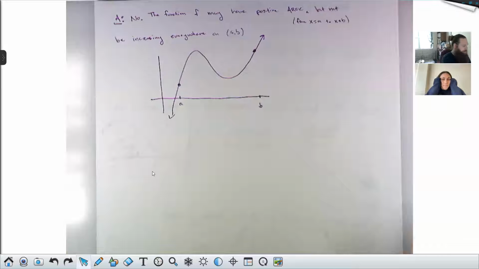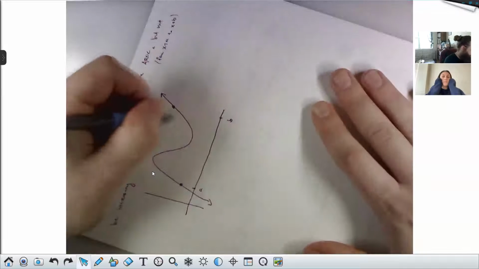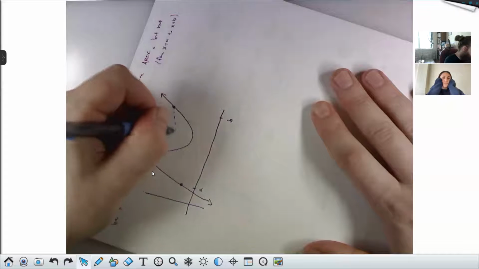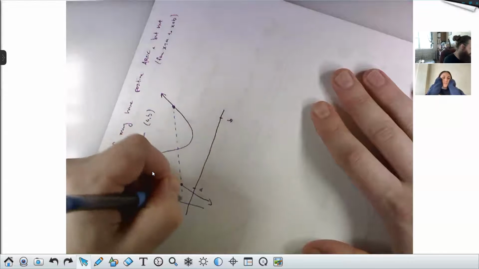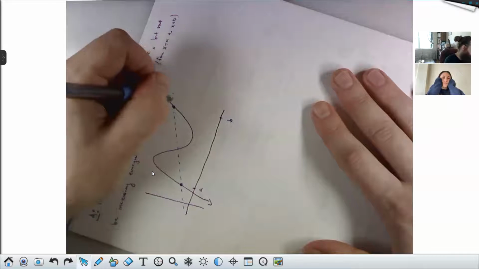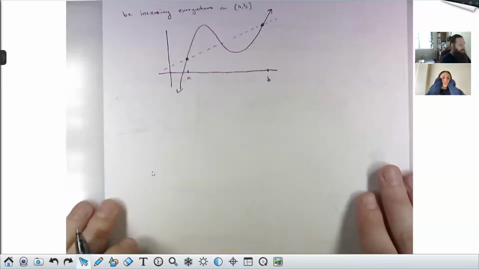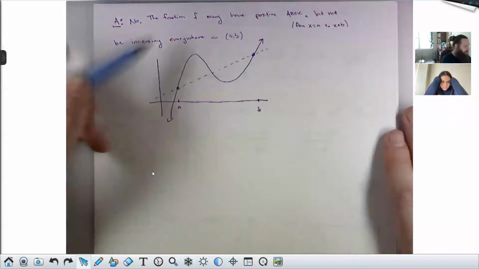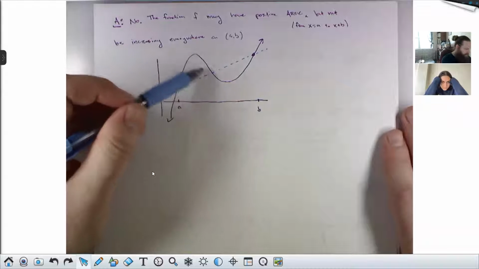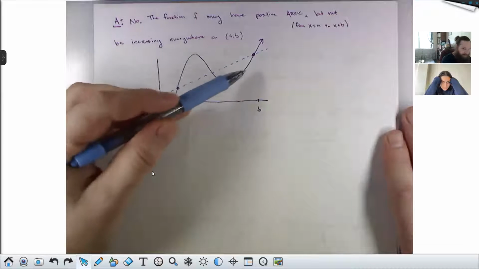So that average rate of change there, that's the slope of this line, which is certainly a positive slope. So that average rate of change is definitely positive, but this function is increasing, increasing, increasing, decreasing, decreasing, decreasing, increasing, increasing, increasing.